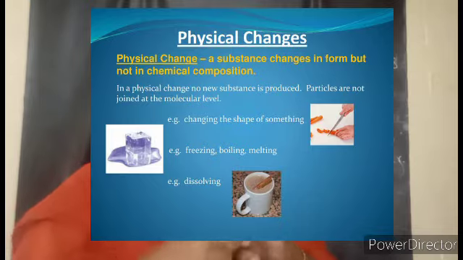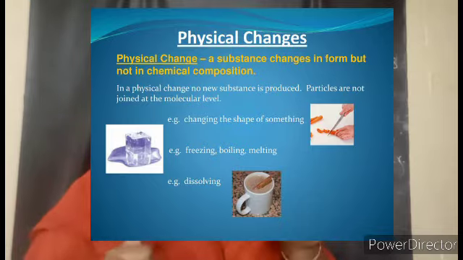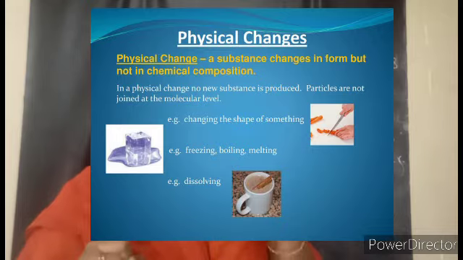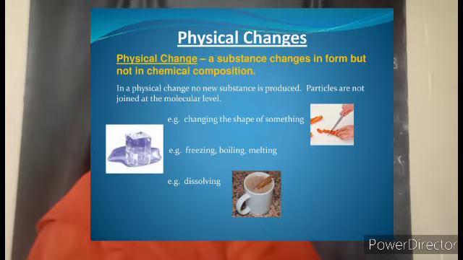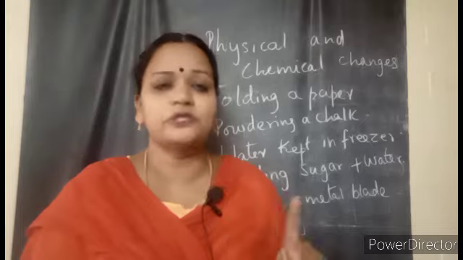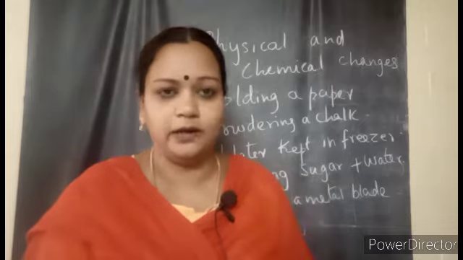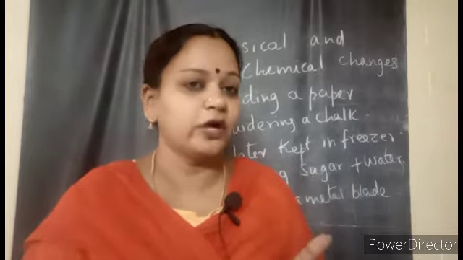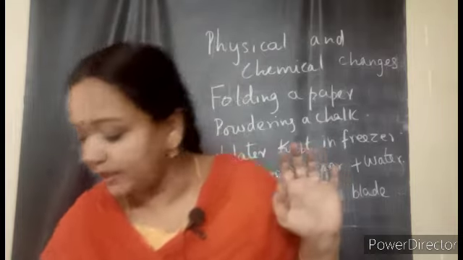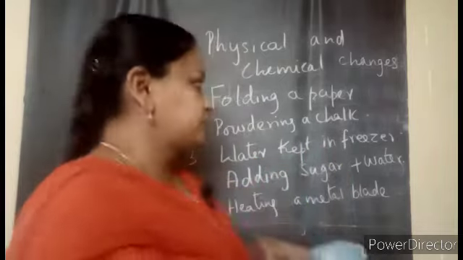Any time there is a state change or color change or size change or shape change, we will call it a physical change. Most of the time physical changes are reversible, and no new product is formed here. We are going to learn further about new product formation.